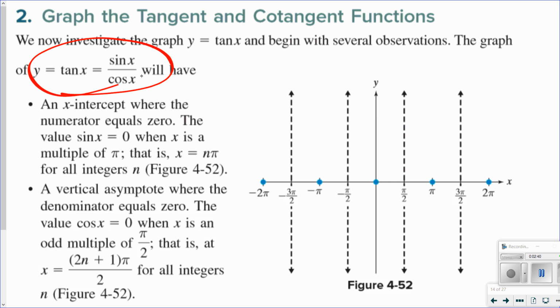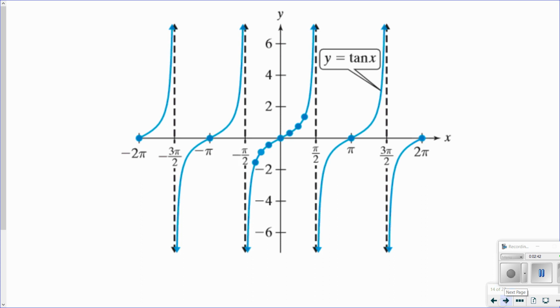Now, here is the graph of tangent. It looks different than the graphs we've already seen, but you can see the vertical asymptotes are placed. It almost looks like a cubic curve, but it curves in the positive direction, so it's increasing from lower left to upper right in each period.